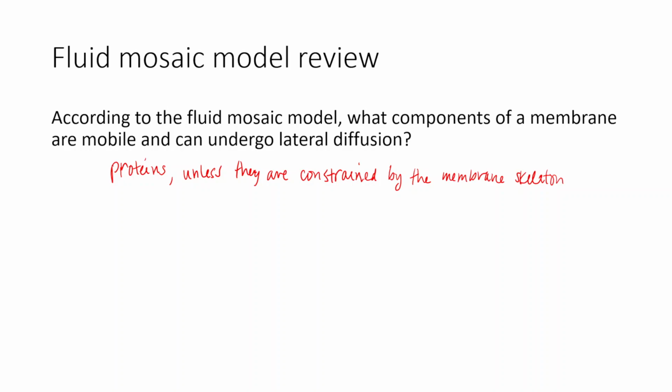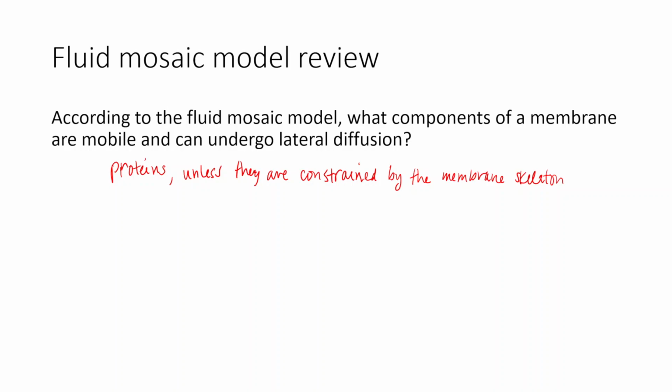And so cells have a lot of structural components, like you've probably heard of cytoskeletons, and in particular, some cells or some compartments of cells also have a membrane skeleton, which is basically a rigid part underneath the membrane where some things can be attached or might not be attached.